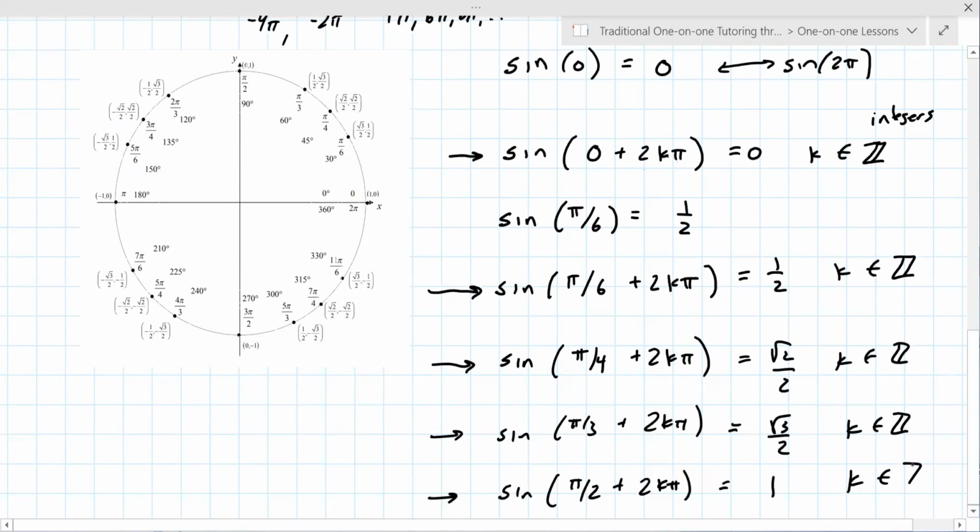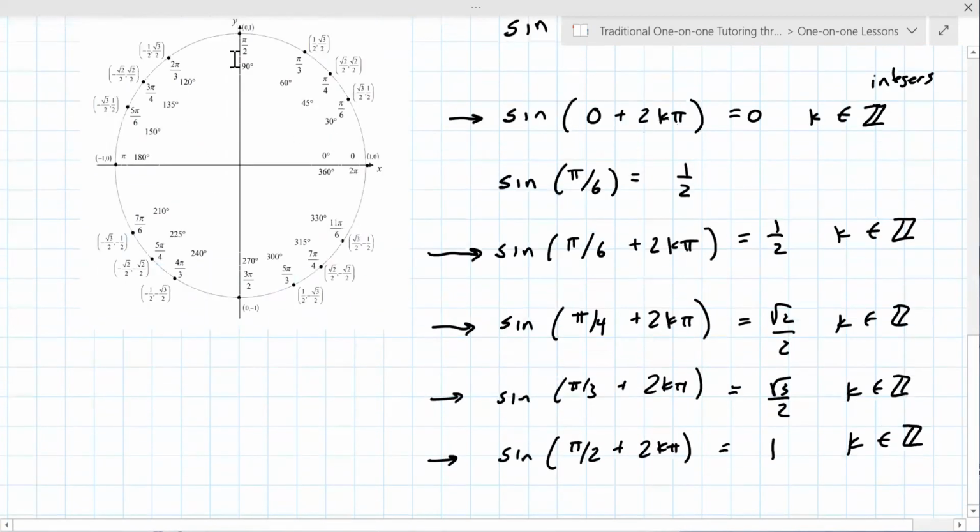K is an element of Z. All right, so now we've hit this 90-degree mark, and we got to keep going. So we actually need to go for each of these values here.